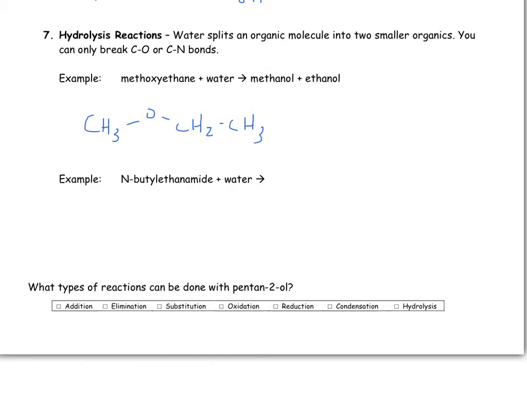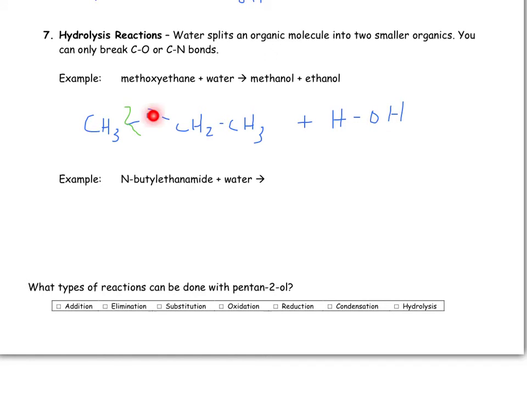Here is methoxyethane reacting with water. I have two CO bonds in this molecule that I could potentially break. With an ether, it doesn't matter. Because I chose to break that one, this carbon will be looking for something exciting to bond with. It lost a functional group, so it will bond with this hydroxyl.